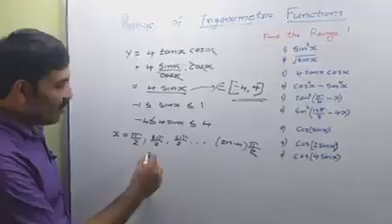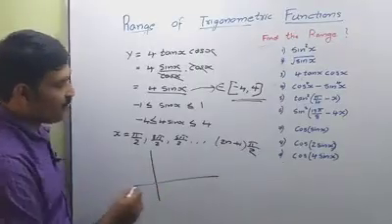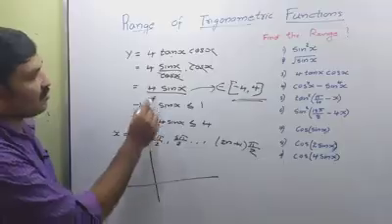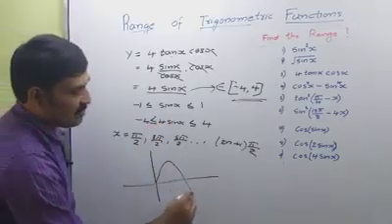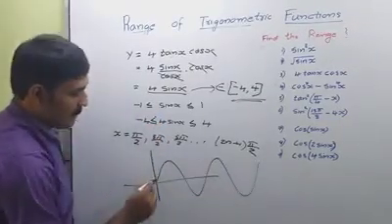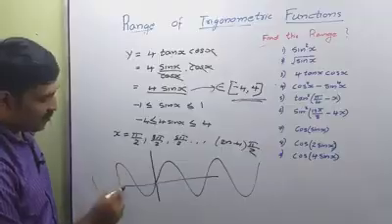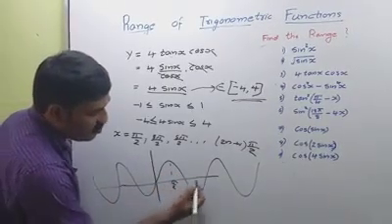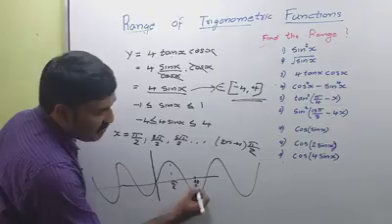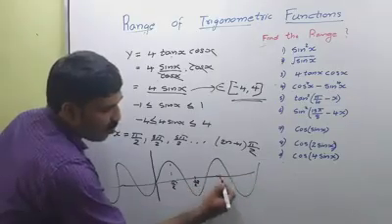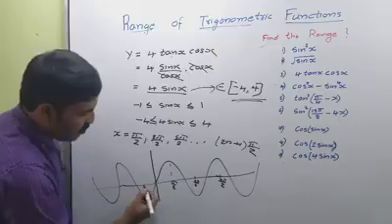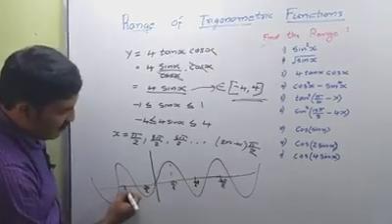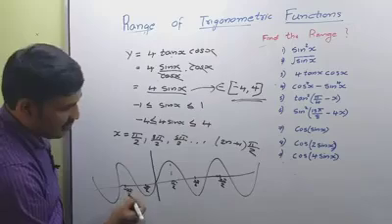So we can draw the graph of 4 tan x cos x, that is equal to 4 sin x, like this. This is the value of the function at pi by 2, 3 pi by 2, 5 pi by 2, this is minus pi by 2, minus 3 pi by 2, and so on.